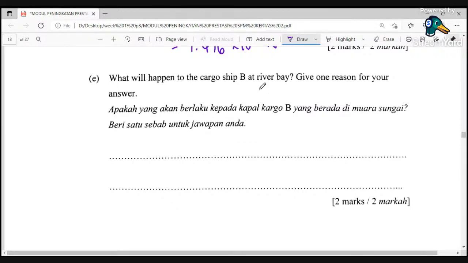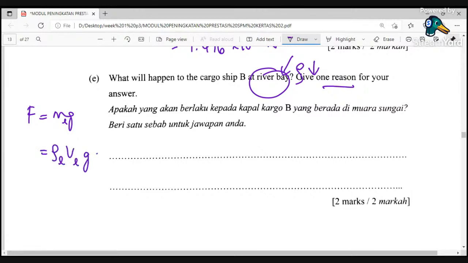What will happen to cargo ship B at River Bay? So kalau C to B, apa berlaku? Density dia decrease. Okay. Buoyant force ialah weight of liquid displaced, meaning density of liquid, volume of liquid, g.